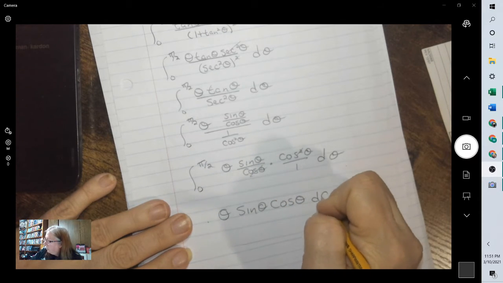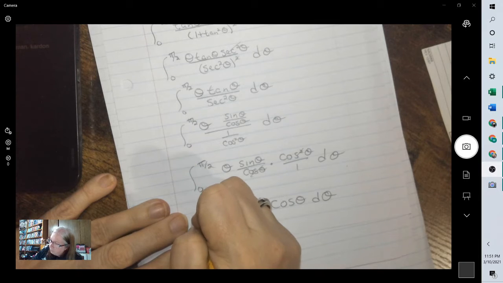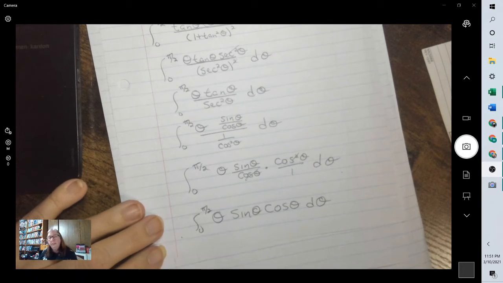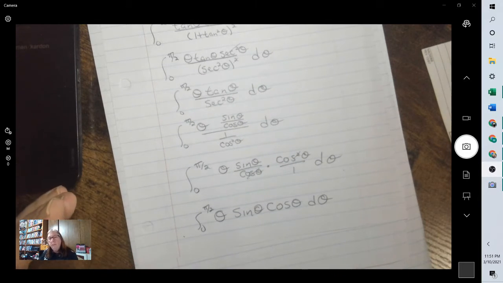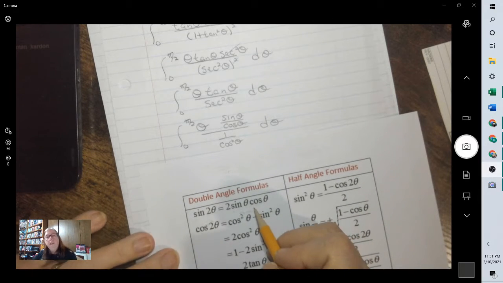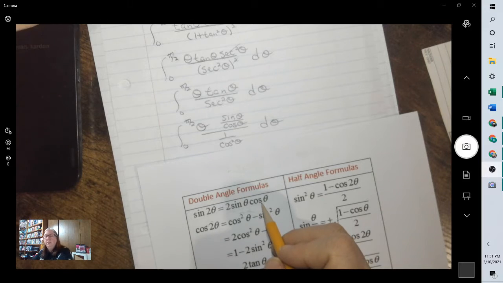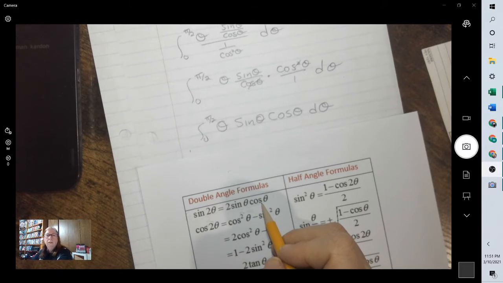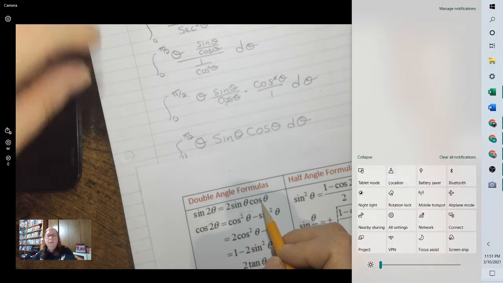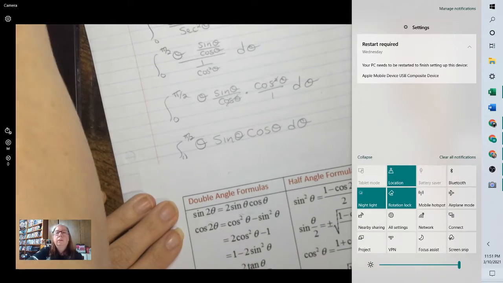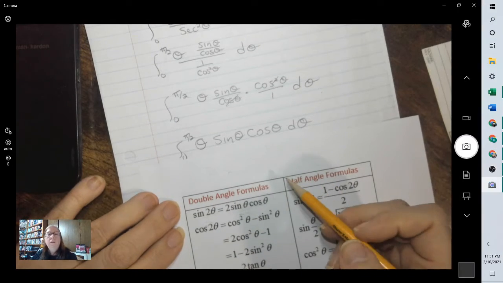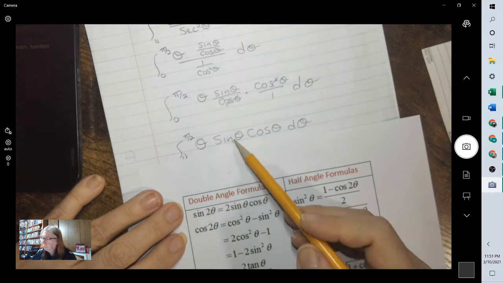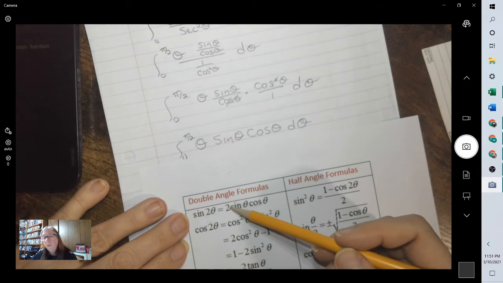Does this remind you of anything? Cosine theta, sine theta? It should make you think of a double angle. This one here, sine theta, cosine theta. The only thing is that we have the 2 there.